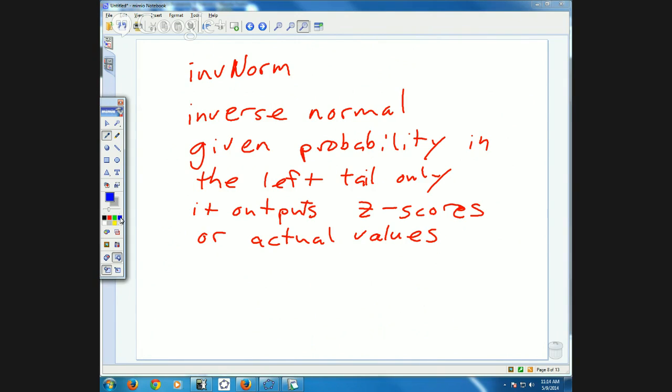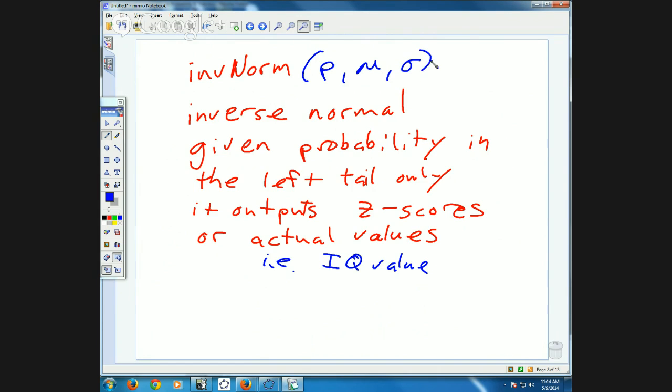In this case, an actual value would mean an IQ score. If we were playing with temperature problems, it would output a temperature. And the way it goes is the percent in the tail, the mean, the standard deviation.